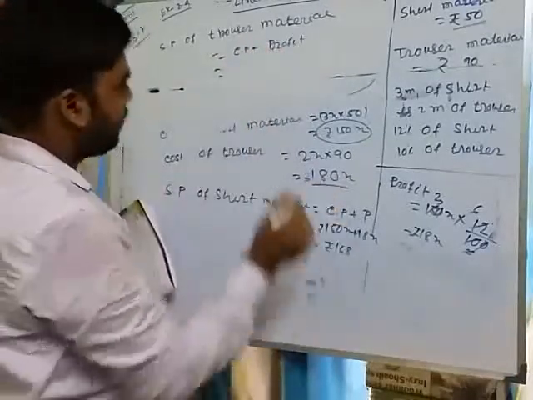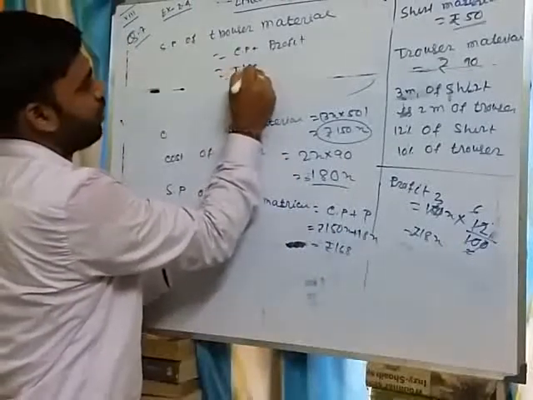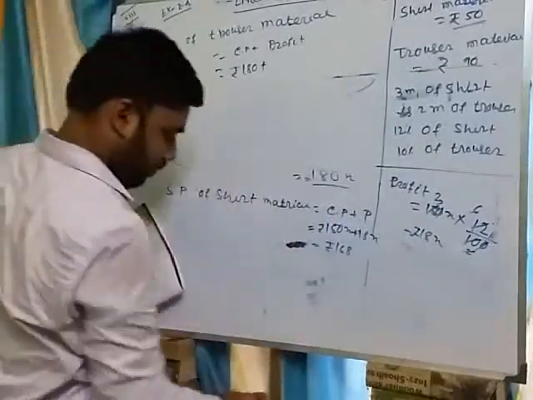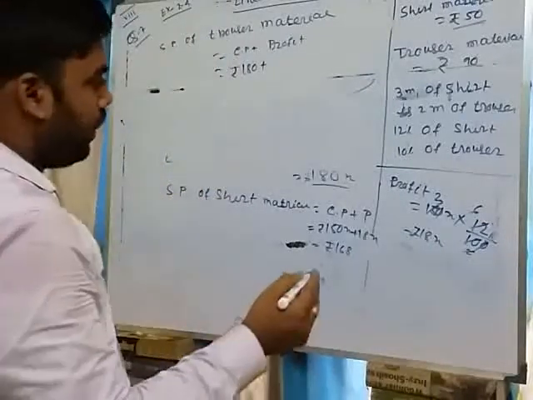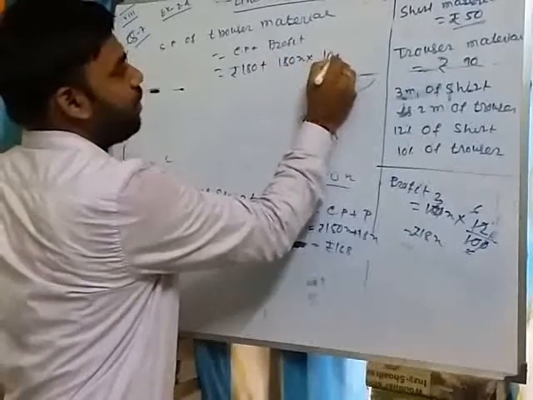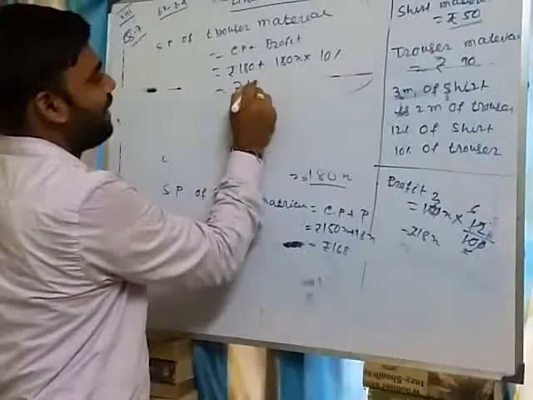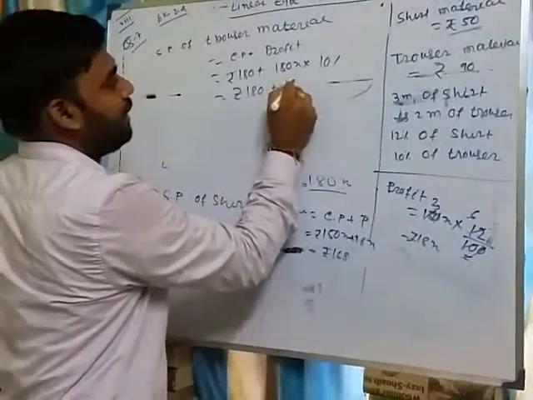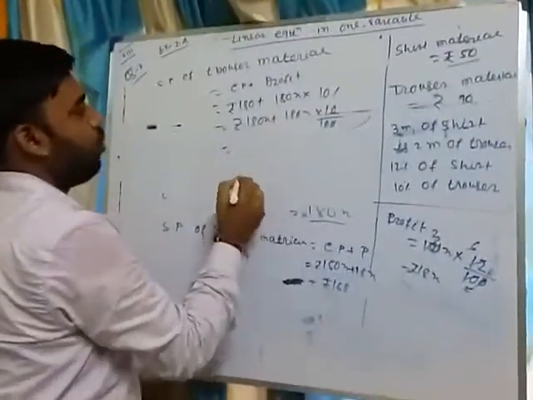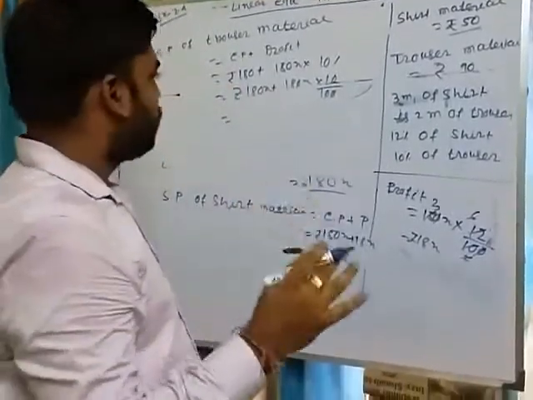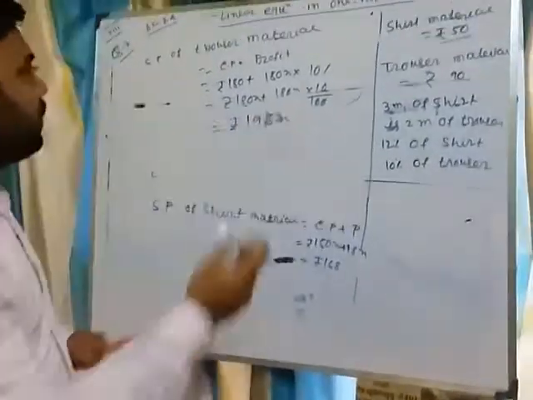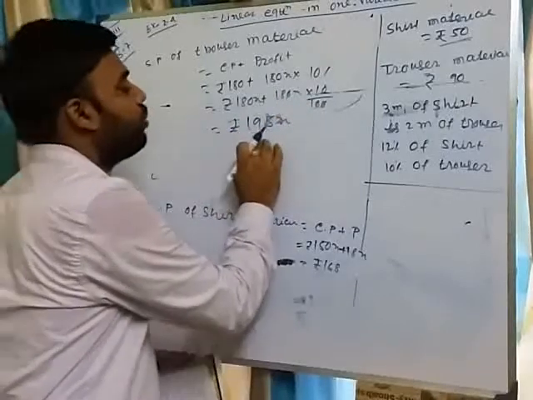Cost price is 180x, and profit will be 180x into 10%, that is rupees 180x plus 180x into 10 by 100, that is rupees 180x plus rupees 18x, total rupees 198x.